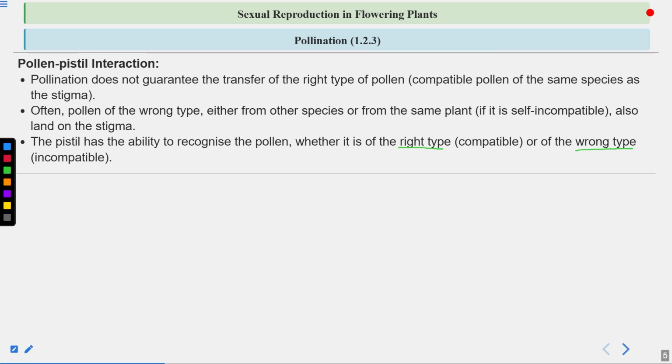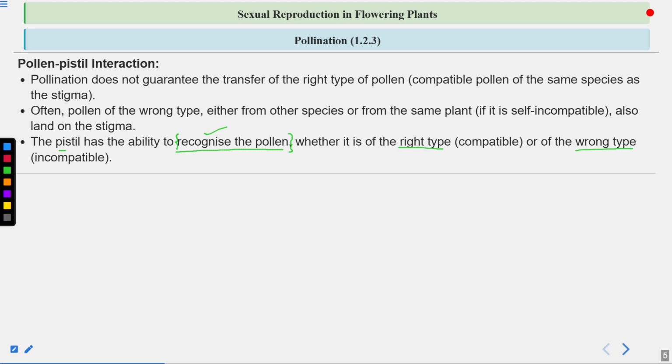Two types of pollen grains are there. One is the right type and another is the wrong type. Now, how do they recognize this pollen? What is the ability of this pistil that it could recognize the right type of pollen and the wrong type of pollen? So this is very, very important to understand. Compatibility protein. Yes, there are some chemicals, some proteins, that are secreted by the pistil, that is the stigma part.